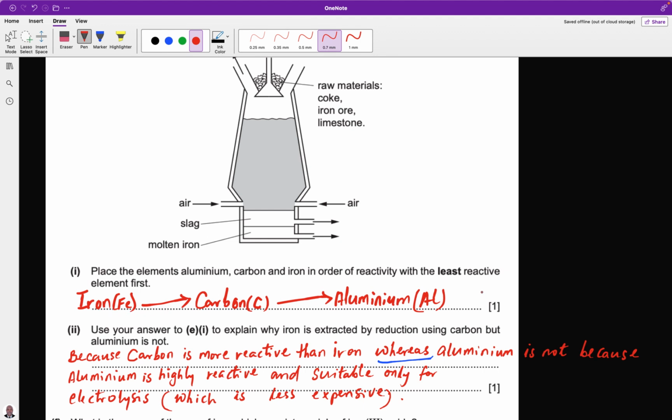Alternatively, you can put it in this form. You can say iron is greater than carbon, and carbon is greater than aluminum. Sorry, I've taken it by the reverse.